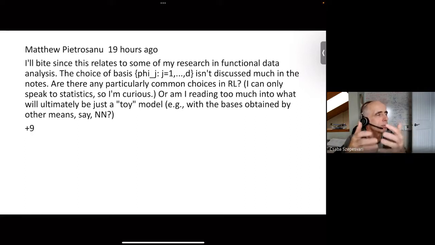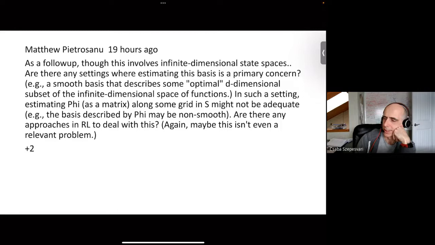Actually, the smoothness properties are related to Navier-Stokes, which is a $1 million question. That's a bit more complicated, but it's a very closely related question, if we just stay with smoothness and functional analysis: whether you can have smooth solutions for the Navier-Stokes equation. Okay, so that's my answer.